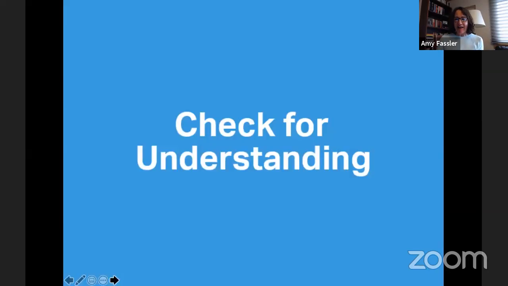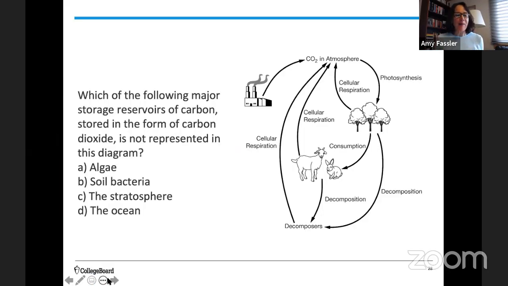Let's do a quick check on the carbon cycle. Which of the following major storage reservoirs of carbon stored in the form of carbon dioxide is not represented on the graph? I'll give you just a second to look at that one. And the obvious one that we don't see here is the ocean.